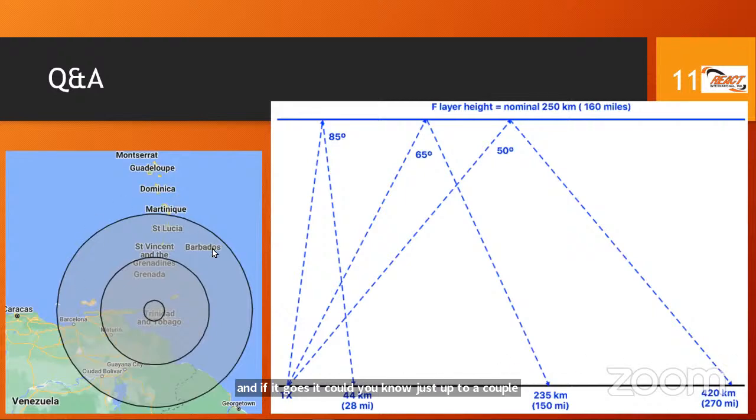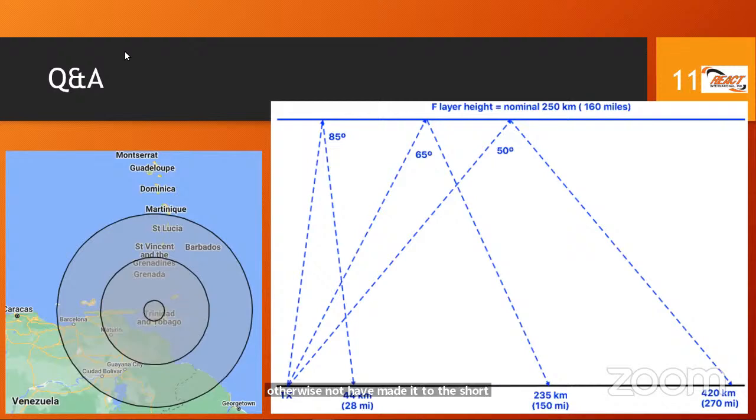But we have also done a little map here to show what we are talking about. If this is Trinidad and Tobago, we can use NVIS to drop a signal, let's say maybe to Tobago, or to St. Vincent and the Grenadines, or Grenada, or Barbados, or St. Lucia. So NVIS can be used on those low parts of the HF frequencies to have propagation that would probably otherwise not have made it to the short hop.